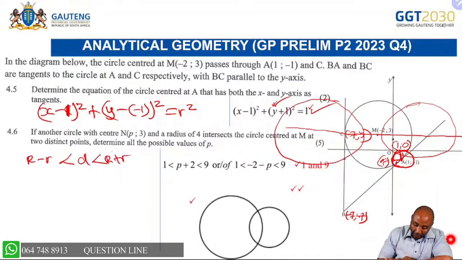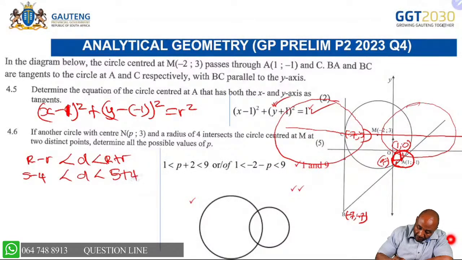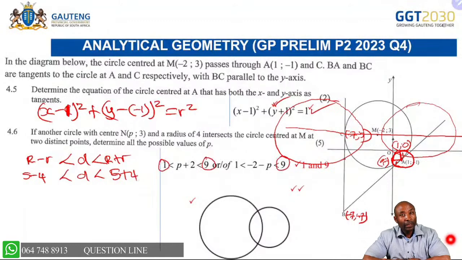So you will find out that the distance we are going to have here is 5 minus 4. Here we want to find the values of p. 5 plus 4, hence we have the 9 and the 1 there. Now, why are we having p plus 2?